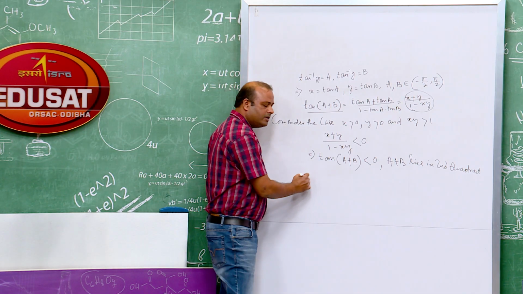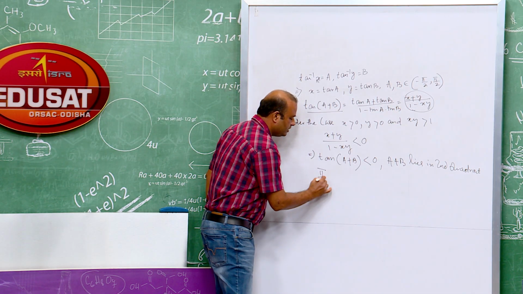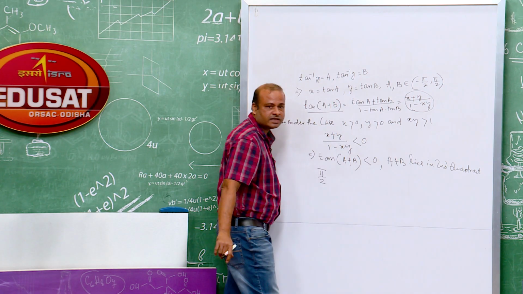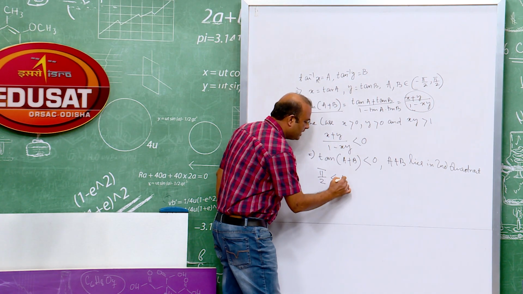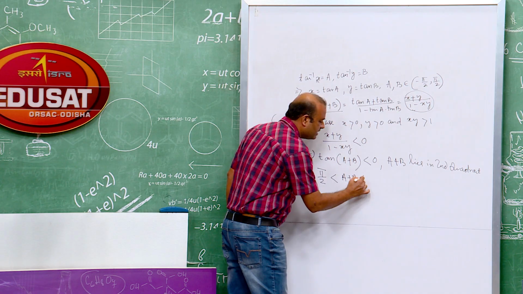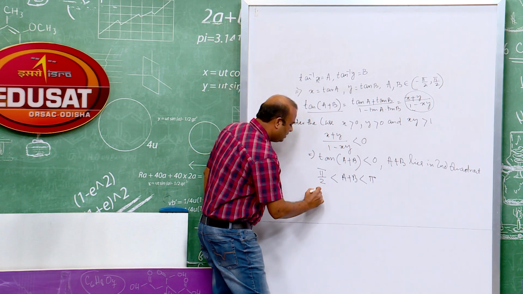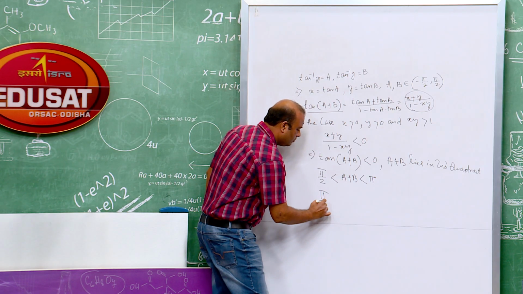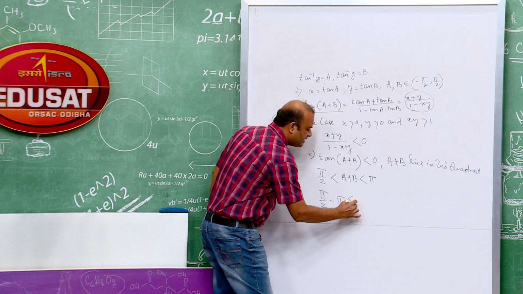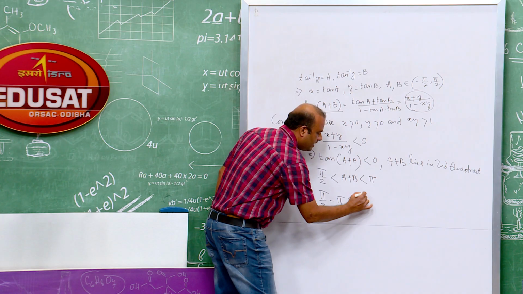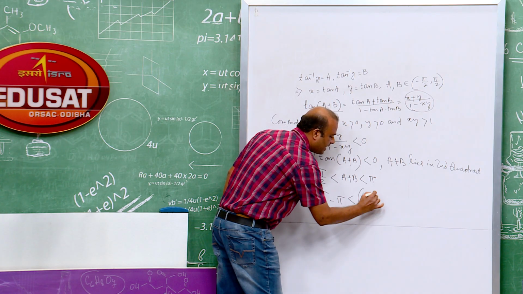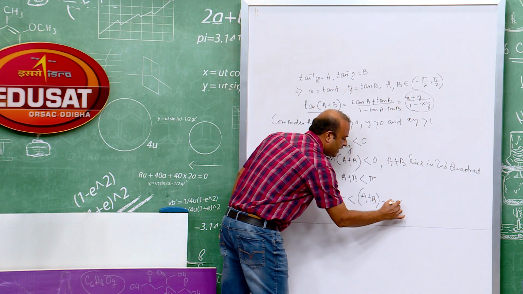So, for this condition, A plus B lies in the second quadrant, so pi by 2 is less than A plus B less than pi. This implies, subtracting pi on both sides, pi by 2 minus pi is less than A plus B minus pi less than 0.